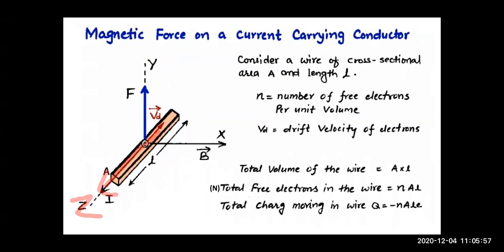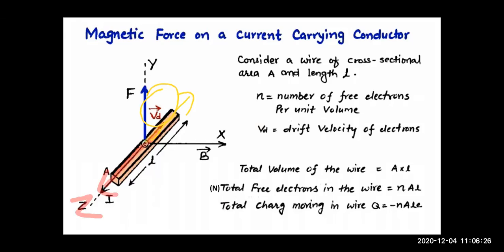And the electrons, we know, they move opposite to the motion of the current. So the velocity of the electrons is in the upward direction. So this is the velocity of the electrons, and Vd means drift velocity of electrons, right? We have done drift velocity in chapter current electricity.